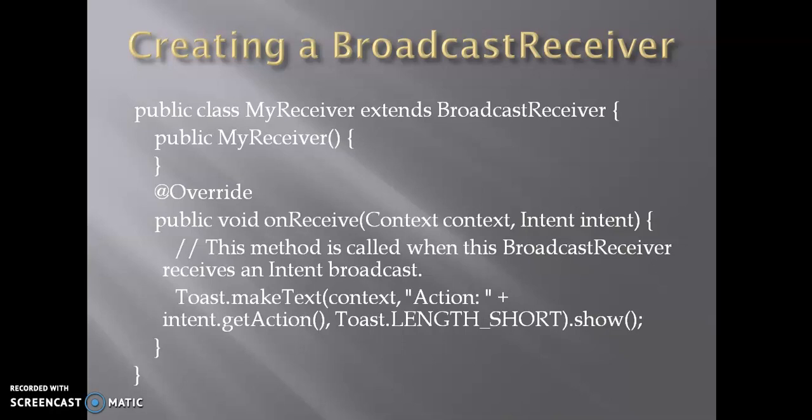You can see here I have created a class named myReceiver which extends the BroadcastReceiver class, and by doing this it will automatically tell you to override the method onReceive, which has two arguments, the context and the intent. Whenever this myReceiver gets activated, the onReceive method is executed, and here I have performed a toast message.